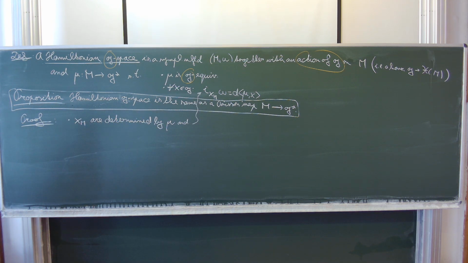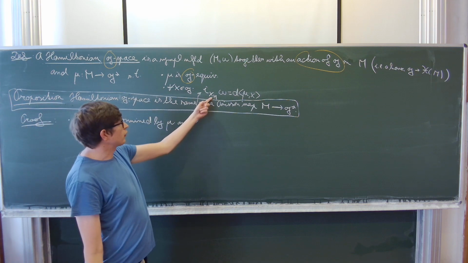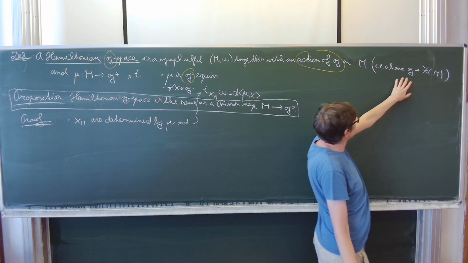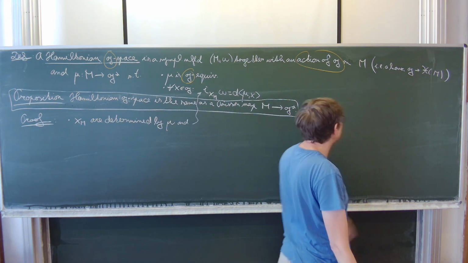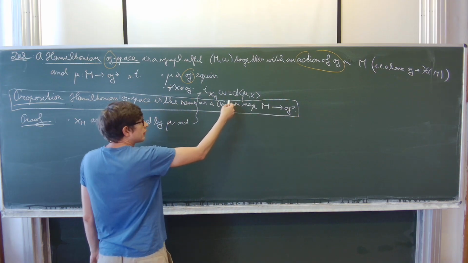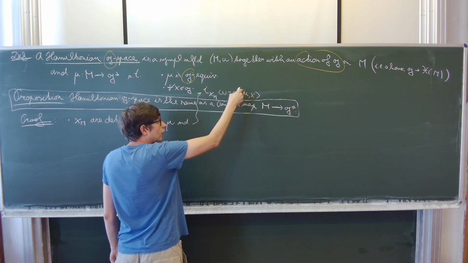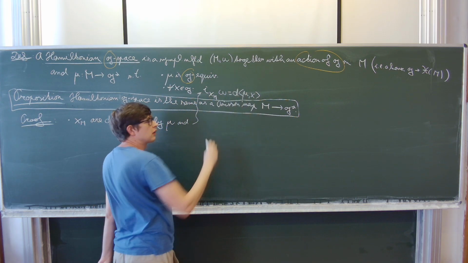That's what the second condition says: that the fundamental vector fields, which in our case are the entire data of the action, are actually Hamiltonian, where the Hamiltonians are all collected in this one map mu.